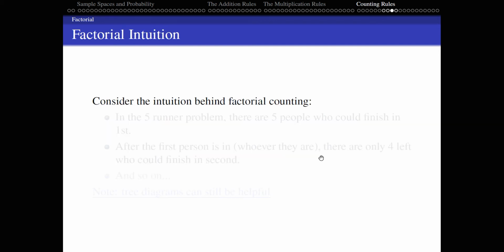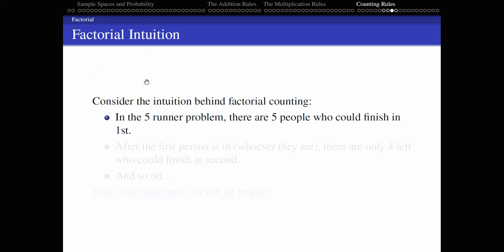Now consider the intuition behind this. In the 5 runner problem, I would think of drawing 5 little lines. So we've got 5 spaces to fill. Now in the first space, when we're thinking about runners in a race, think about all these people out running on the field. The first space, there are 5 different people who could fall into this as they're running.